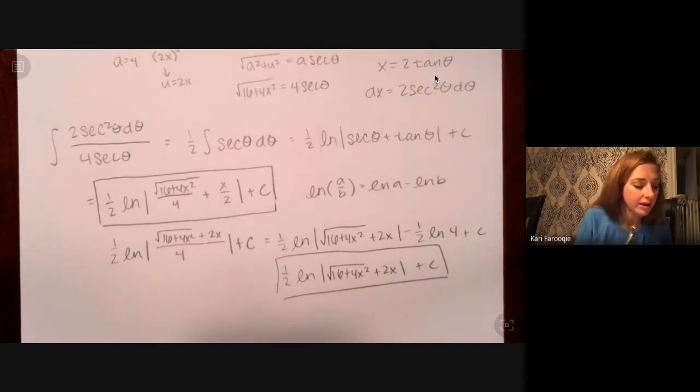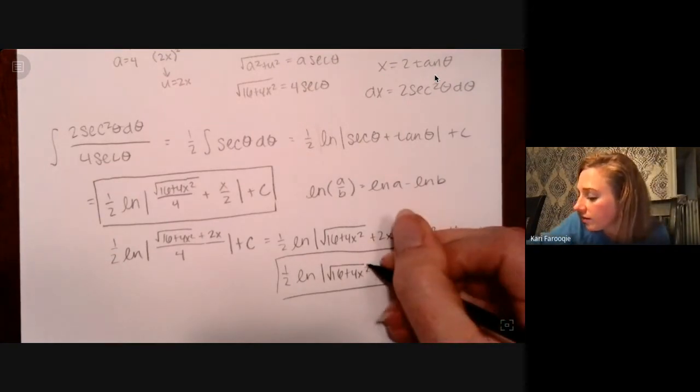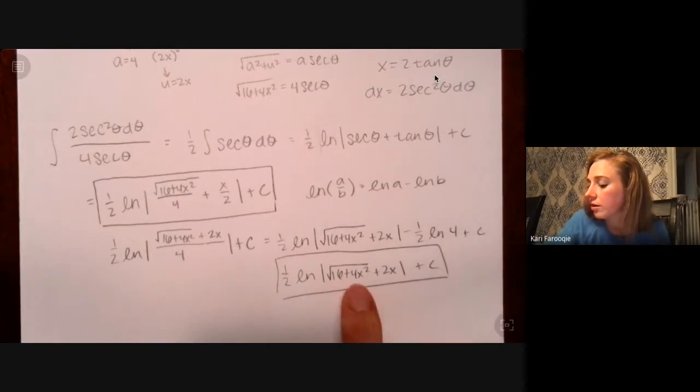And technically, actually, I have in my notes here that this can actually be further simplified, which is true. But you don't have to worry about that. Because some of you might have been like, well, technically we could factor out a 4 and then take the square root of 4 and simplify.